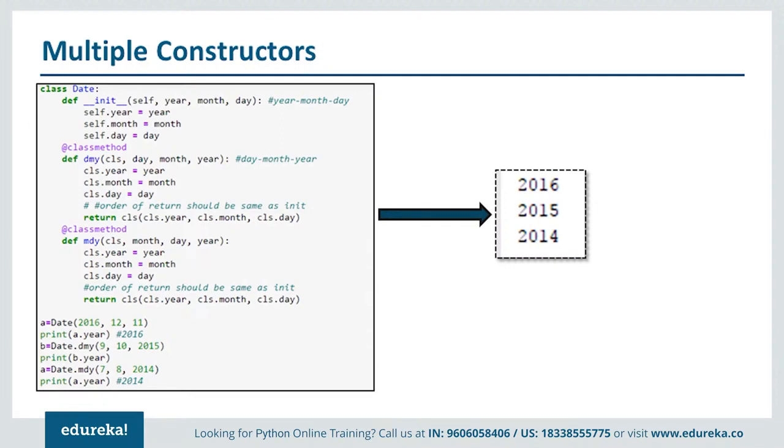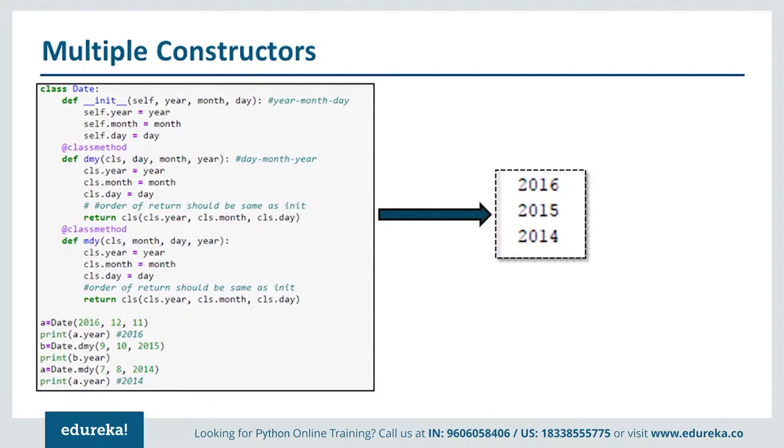Again, we have two class methods here, dmy and mdy, which use some different attributes and provide some parameters in a different way.